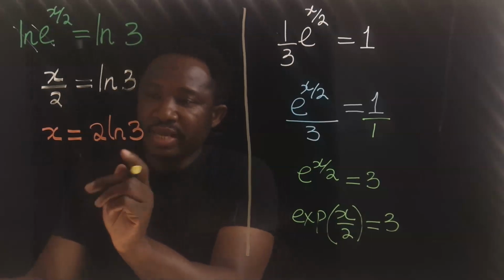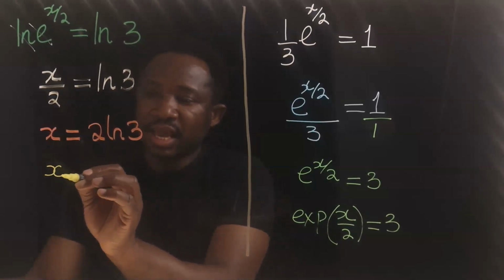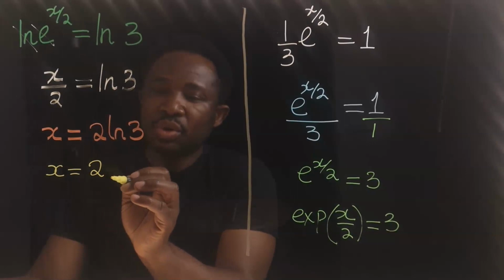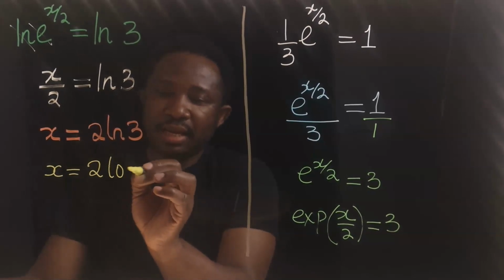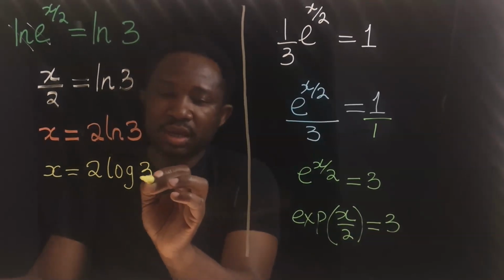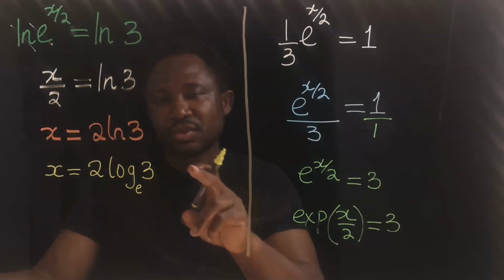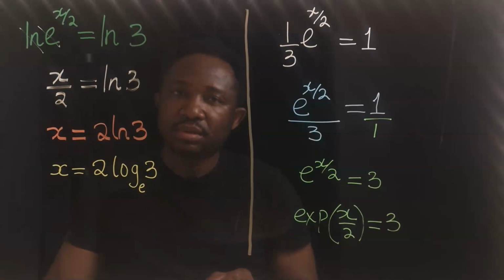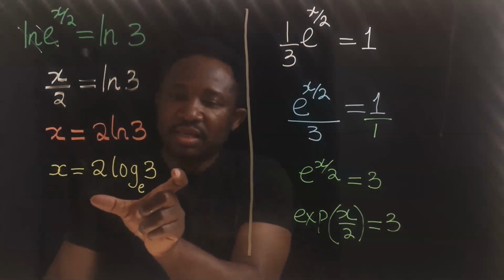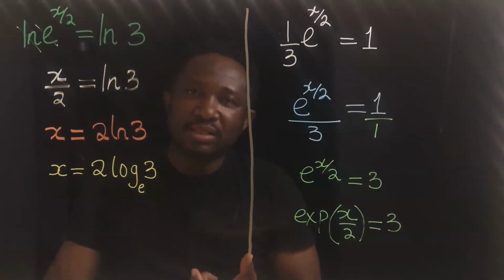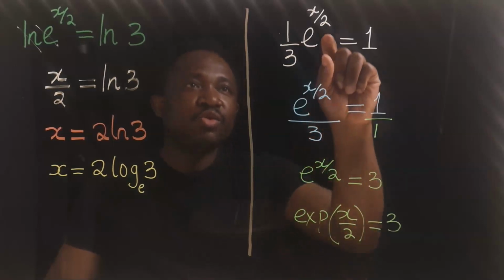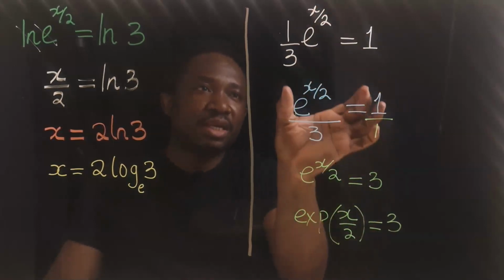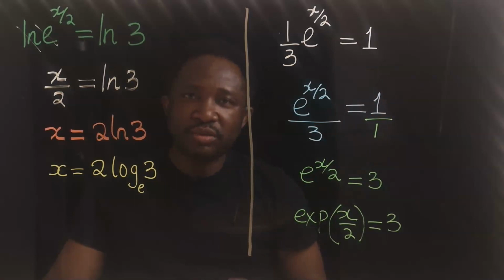We can write this as x is 2 multiplied by log 3 of base e. Both are the same, and this becomes our answer. We have succeeded to make x the subject in this equation.